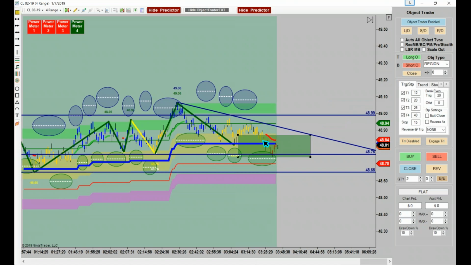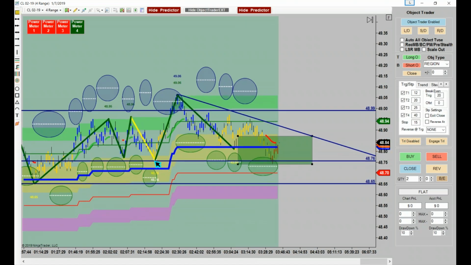We'll still wait. We're still stair-stepping the opposite direction, and we got a red stealth. This may change trends. So far, it's just testing support. Now, if you did happen to take that predictor, you might have gotten a scalp. That's true. Okay, see, you're still stair-stepping down so far.